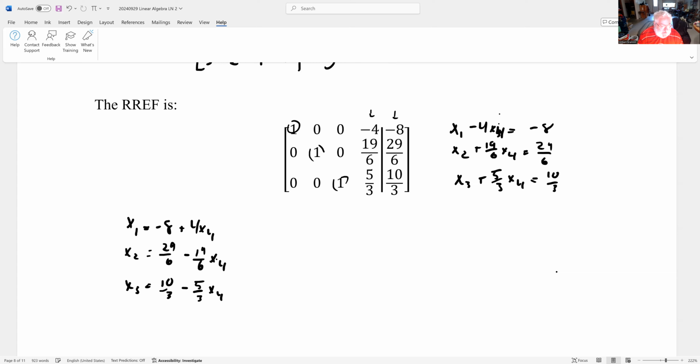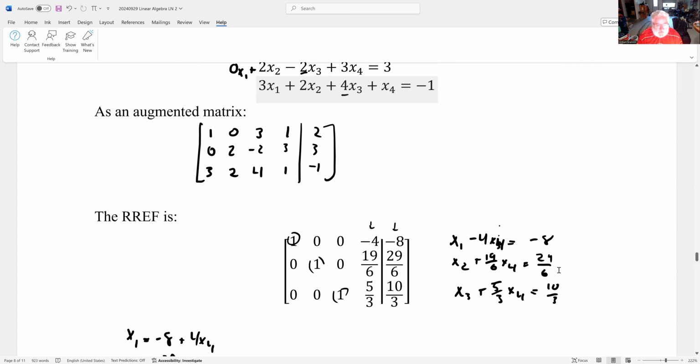So the x4 is a parameter, right? Whatever you choose for x4, you get an x1 and x2 and x3, so infinitely many solutions. You can see that the fourth vector, this vector, is a linear combination of the first three. It's minus 4 times this, plus 19 over 6 times the second column, plus 5/3 times the third column.